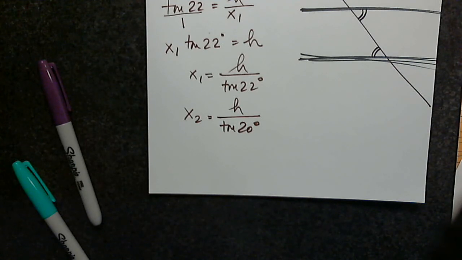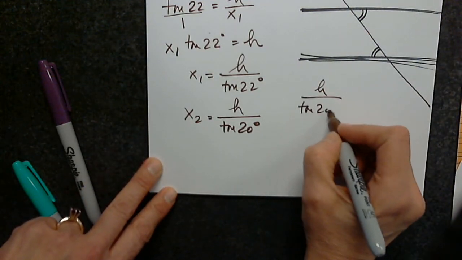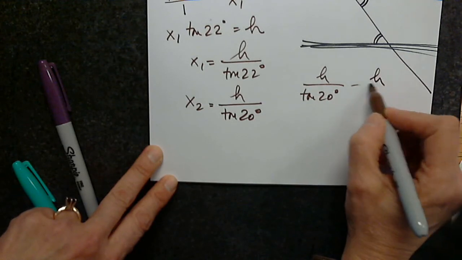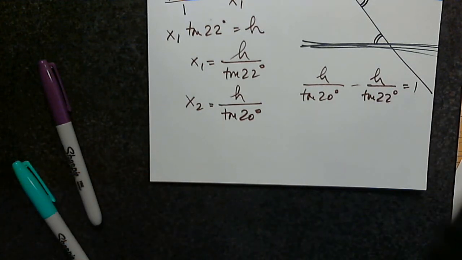Exactly. So I will replace: h over tangent 20 degrees minus h over tangent 22 degrees is 1. What are the two key words in math? What do you think I'm going to do now?